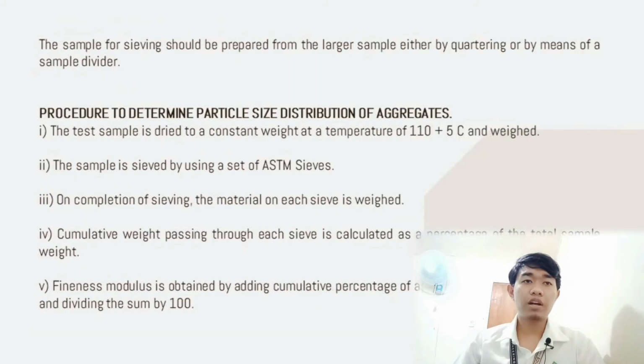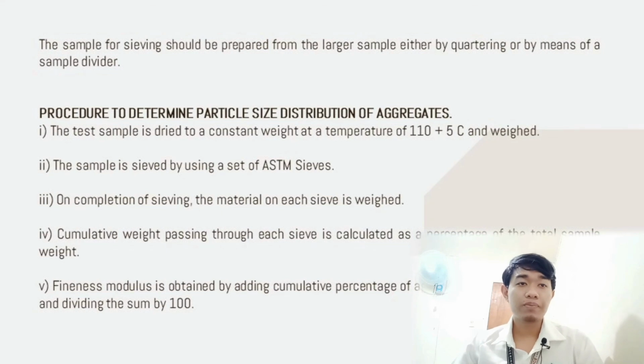After knowing the apparatus that we must use in the analysis, next is the procedure to determine the particle size distribution of aggregates. First, the test sample is dried to a constant weight at a temperature of 110 plus or minus 5 degrees Celsius and weighed. Second, the sample is sieved by using a set of ASTM sieves.